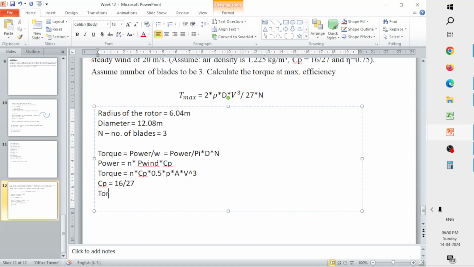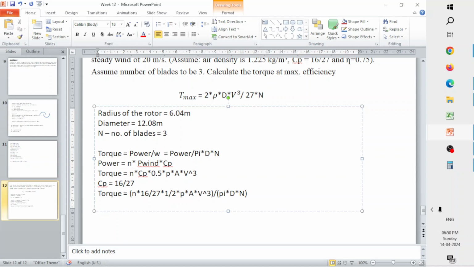Then it's about substitution. So torque is eta times 16 by 27 times half times rho into A into V cube, the whole divided by pi times d times n.